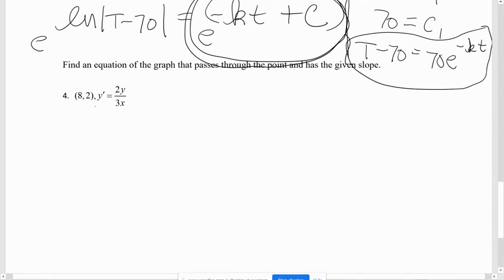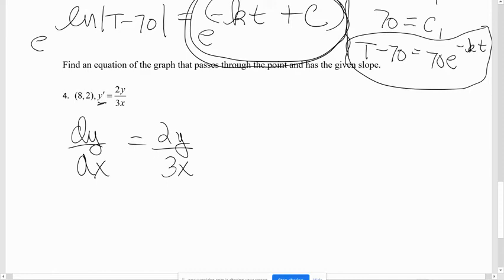All right, so we've got y prime here, so I'm going to change that to dy/dx equals 2y over 3x. Then I'm going to bring the 3 and the y over to the left, and bring the dx over to the right.